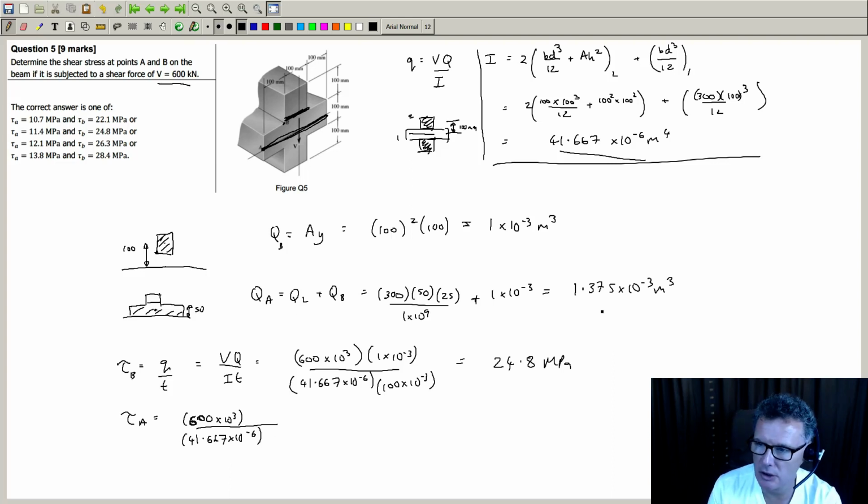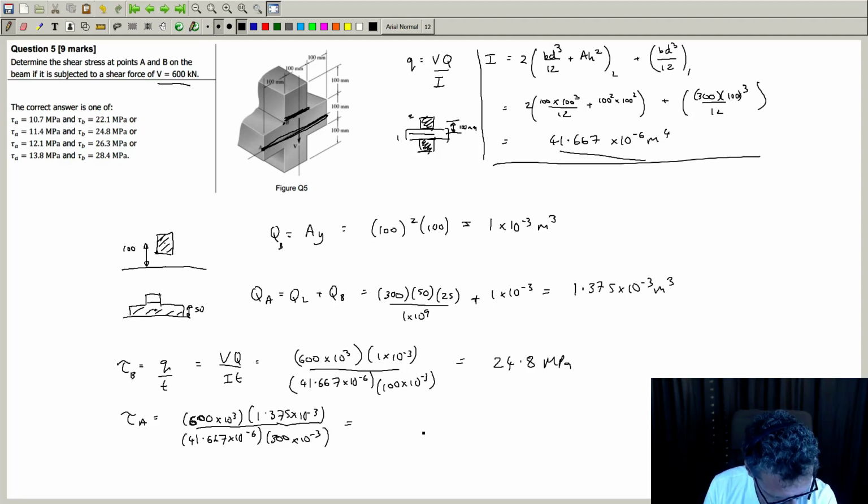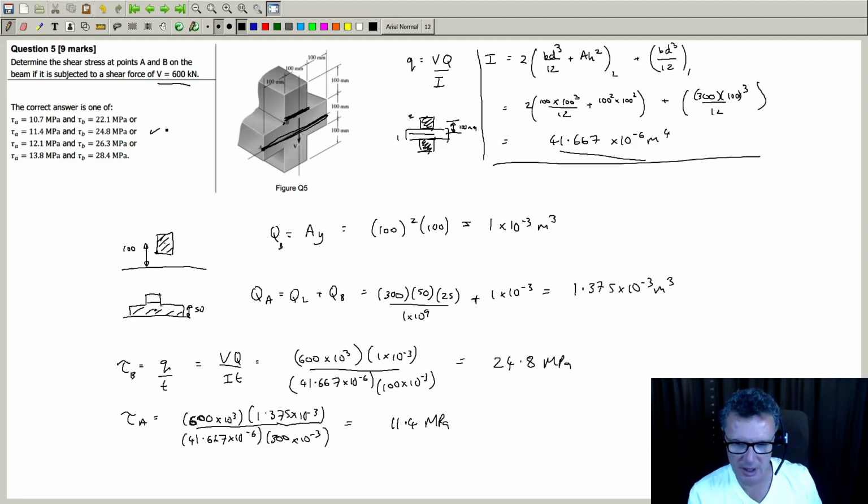And your Q will be different, so the Q will be that value there. And the width, so that's my T, will be 300 millimeters. And that works out to be 11.54 megapascals. So that matches up with this one here. So therefore I am reasonably comfortable that I've got the correct answer.